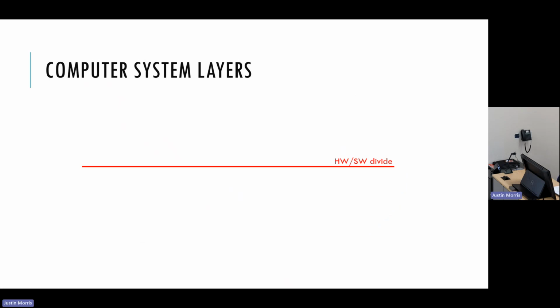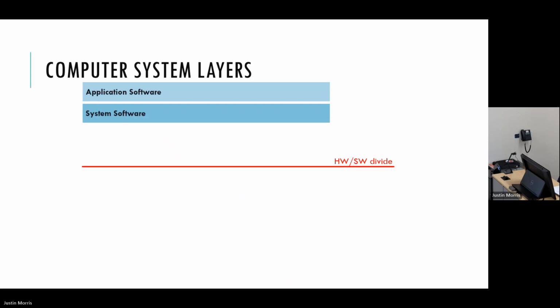So here's our stack, or the different layers. Okay. So we have application software at the top of the stack. This is where software engineers are mostly working. And then we have system software, that's your operating system, drivers for hardware, things like that.